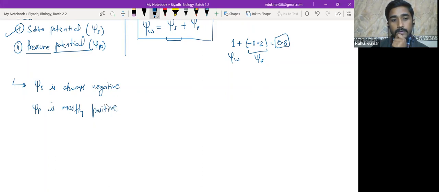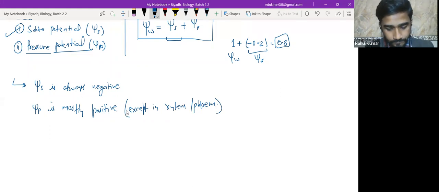In chemistry, and in normal cases, we find the pressure potential of water to be positive, but you have to write that, except in xylem and phloem. In xylem and phloem, there is a negative pressure potential.